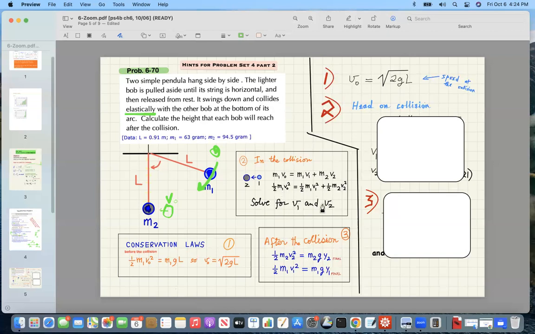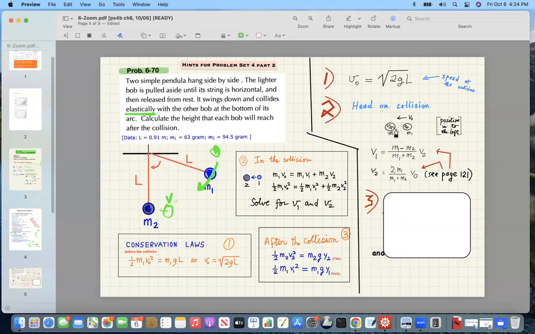So you have to solve for v1 and v2. Now, actually, that's done for you in the book. So here are those equations on page 121, which tells you the final velocities in a perfectly elastic collision in one dimension, a head-on collision. So you don't actually have to solve these equations. You've already got the solution on page 121.